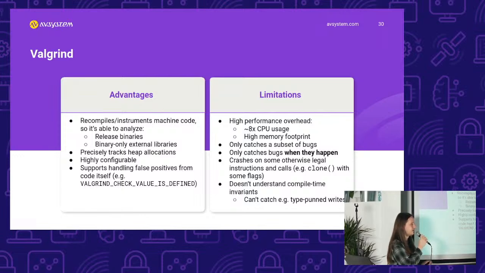You get like 8 times slower execution of the code because it basically runs something like a virtual machine to emulate all your code. So there is a significant performance impact. And again, it only catches a subset of bugs, only when they happen, and so on. Because it doesn't understand your C code, it only understands binary compiled code, it has no concept of type checking, for example.